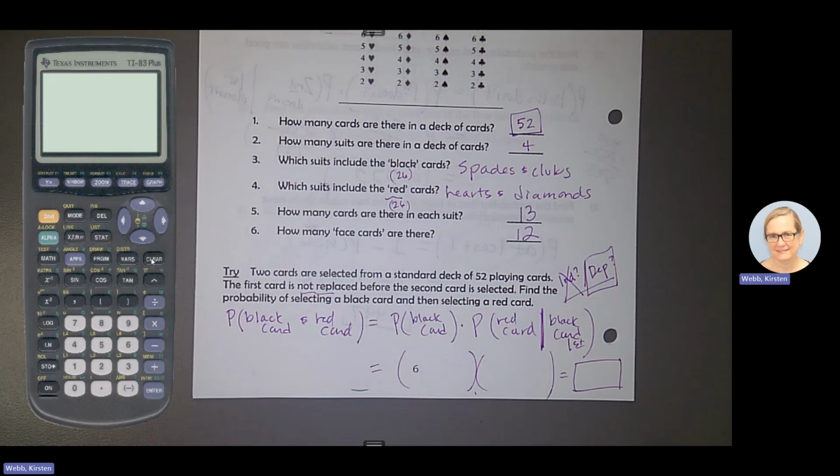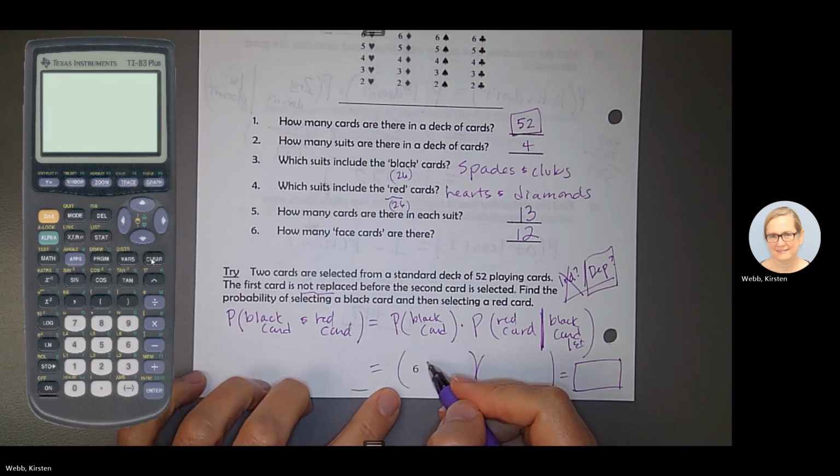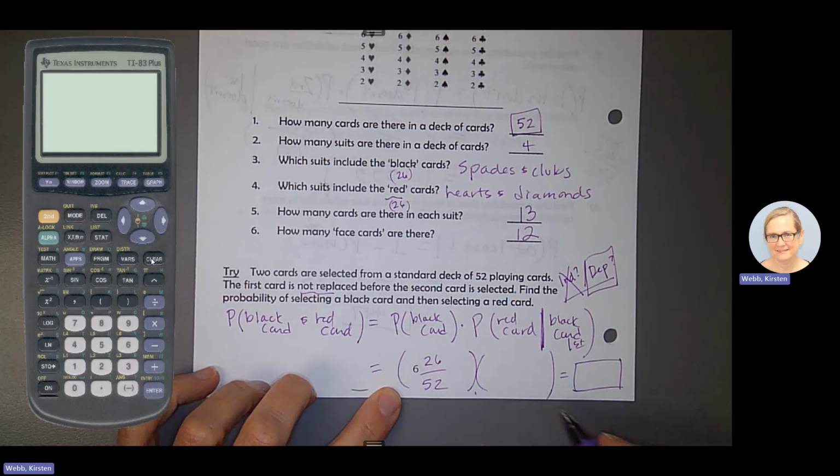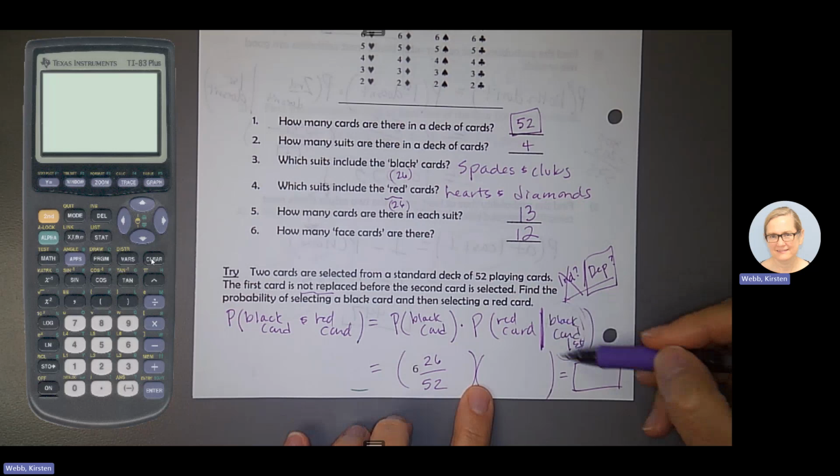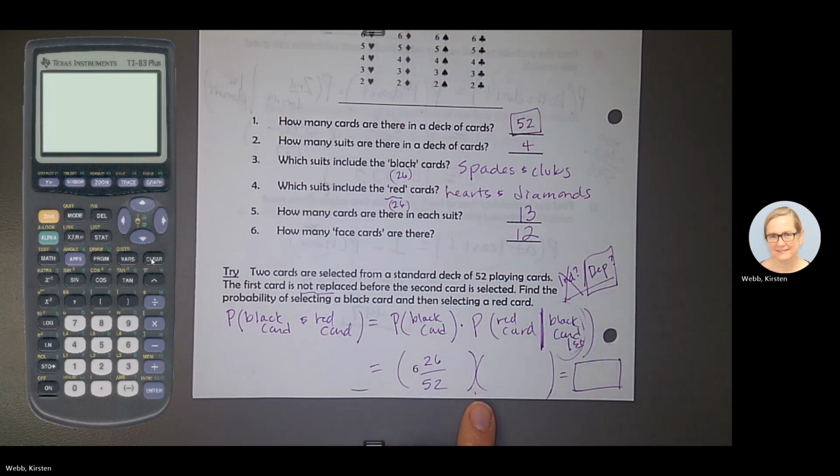So when we pick that first card out of that standard deck, what's the probability we get a black card? How many black cards in the deck? Out of 52 total? Yeah. Now, assuming we did pick a black card and we kept it out of the deck, when we go back, what's the probability we then pick a red card?